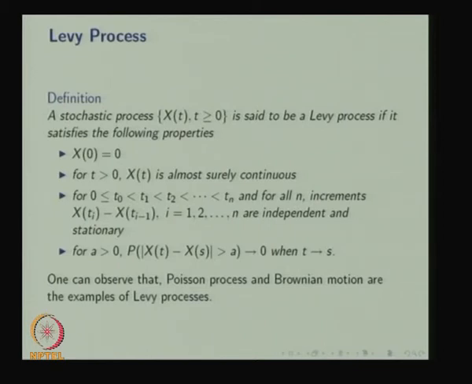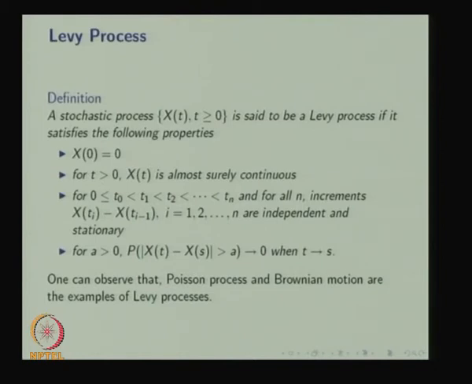The third property is the same in both, because in both places the increments are independent as well as stationary for all n. We do not discuss the distribution of the increments in the third property; we discuss only that the increments are independent and stationary.